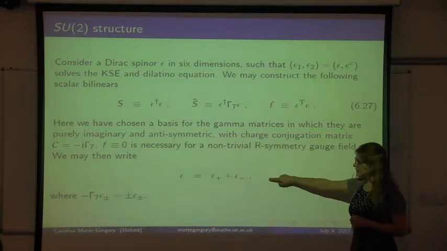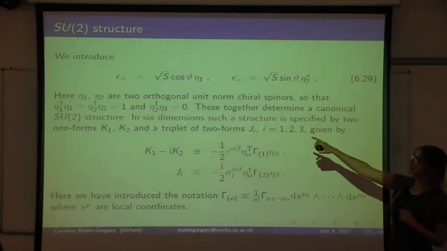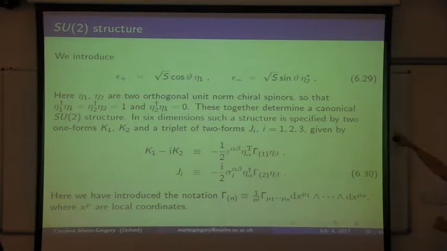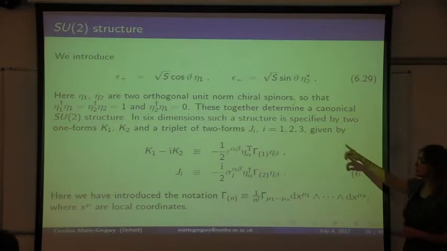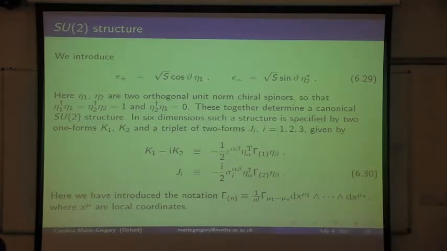And I can write epsilon as epsilon plus and epsilon minus. In particular, epsilon plus, I can write as square root of s times theta 1, and then the same with theta 2 star, such that theta 1 and theta 2 are orthogonal unit spinors, so that they respect these conditions. And these together define my SU(2) structure.